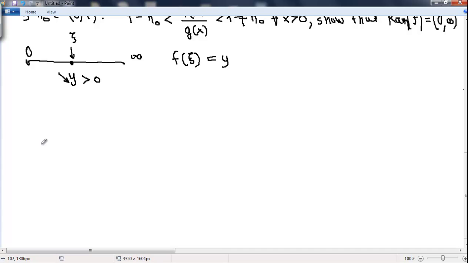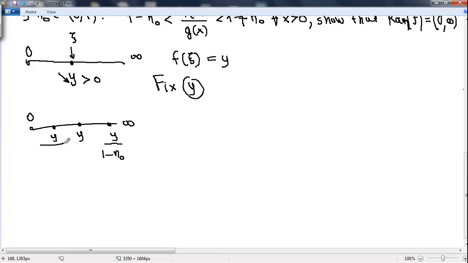Well, let's take a fixed y. Suppose that y is a constant number. Then again we have 0, we have infinity, and somewhere here is y. But not only y, somewhere here is the number y over 1 minus eta 0, and somewhere here is the number y over 1 plus eta 0.